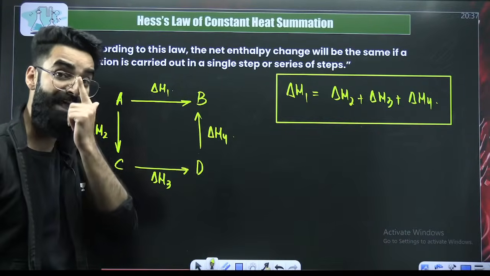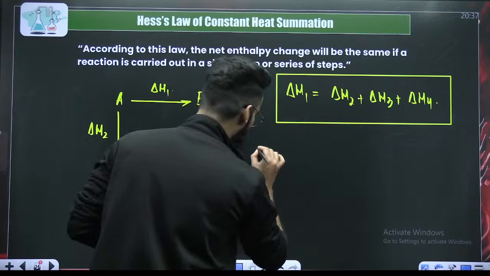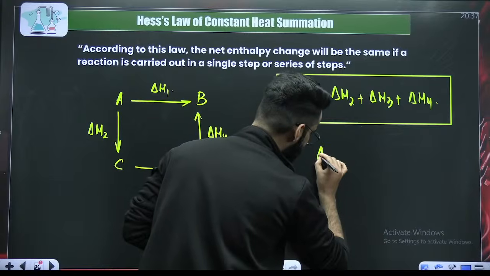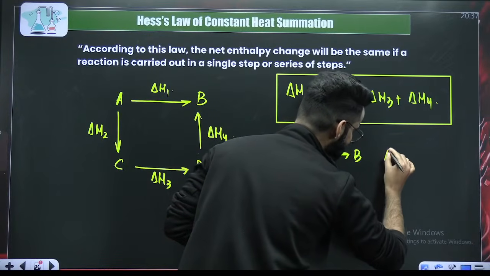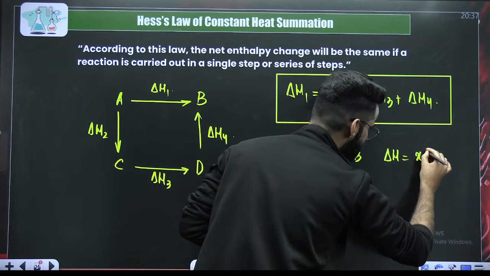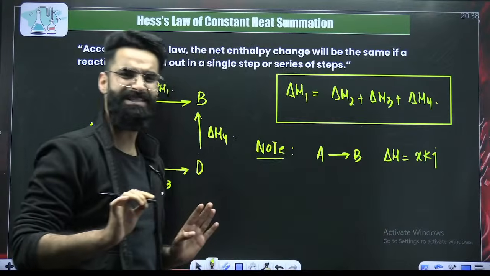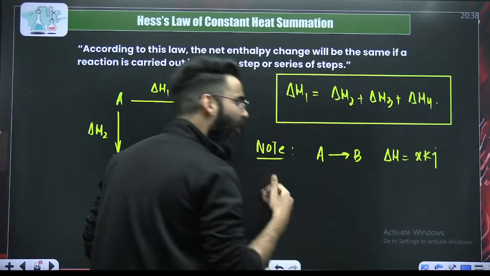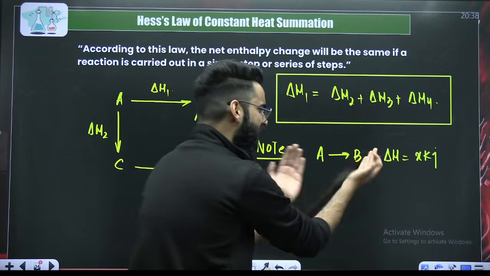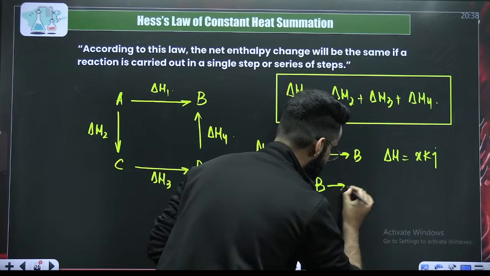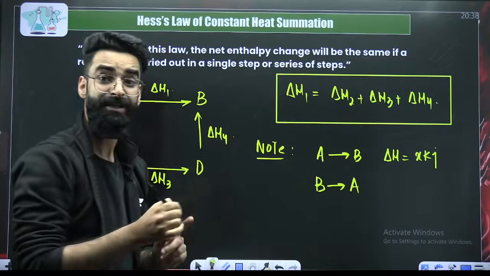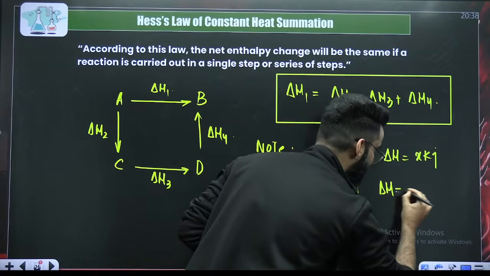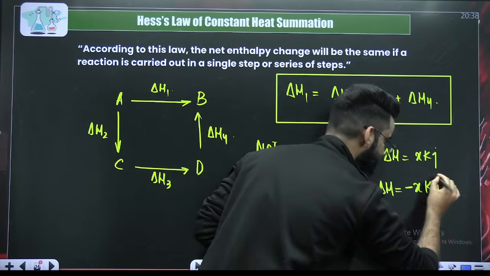Now, a few more things which I want you to remember. Take a note of these things, I'll use them in a while. For example, you have a reaction like this, A gives B. Let's say its delta H is X kilojoules. My dear students, if you reverse this reaction, you have to change the sign of delta H. Now the delta H of this reaction will be minus X kilojoules.